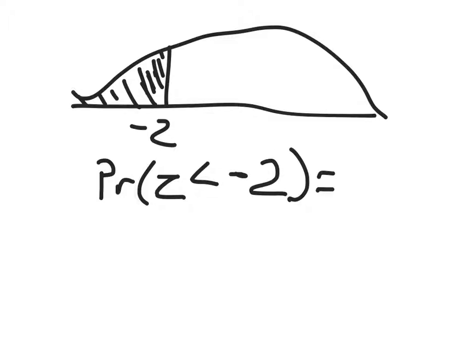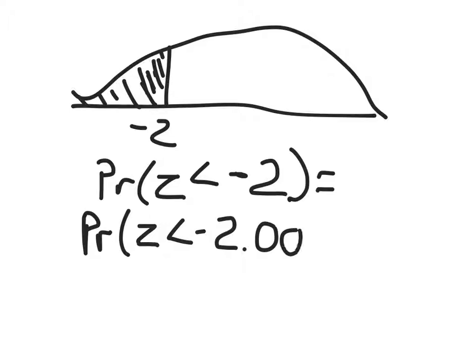Okay? So I'm going to get my table, and I'm going to think about writing this as the probability that z is less than minus 2.00, because I can add zeros to the right, nothing bad happens. I get the 2.0 from the left-hand column. I get the 0 from the top row, and when I scoot down and match the row to the column, I get the probability of 0.0228.